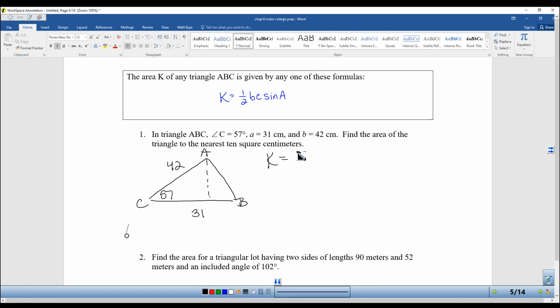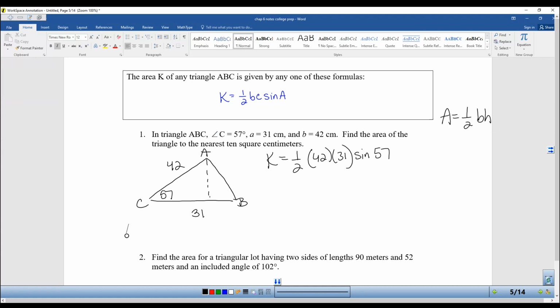This is saying that if you know two sides, B and C, and the included angle, so 42, 31, and then sine of 57, you can just use that formula. So it's an awesome shortcut. It's a little not useful because people don't generally have this formula memorized, but most people have this one memorized.